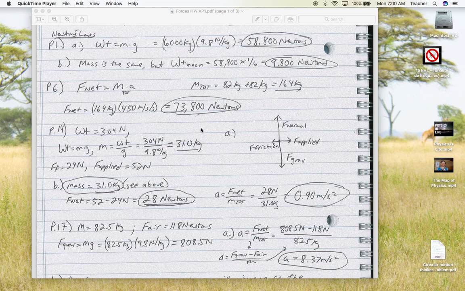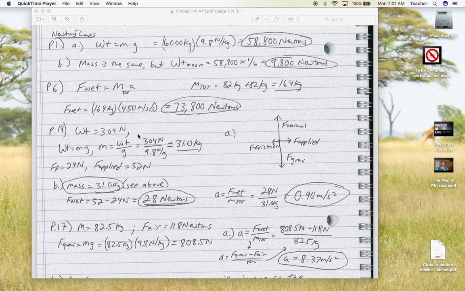So for number 14, this is an example. So I've got a normal force upward, a gravitational force downward, an applied force by Alex Perez, congratulations Alex, and a frictional force. It didn't say that the force was applied at an angle, so to make my life simple, I'm going to assume that it's not.